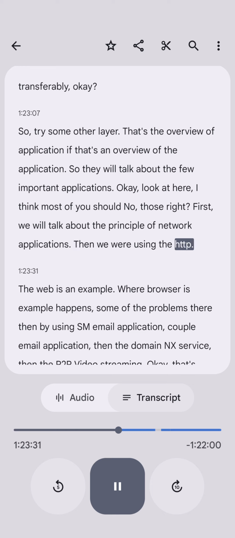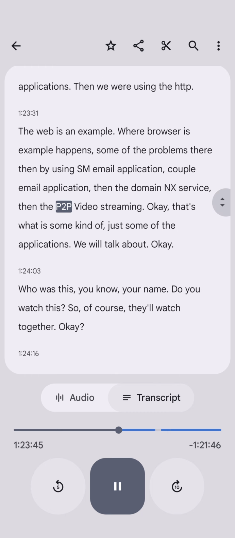Then we will use HTTP, the web browser, as an example to talk about some of the protocols there. Then we use SMTP, the email application, to talk about email. Then the DNS service, then P2P, then current video streaming. Okay, that's some of the applications we will talk about.